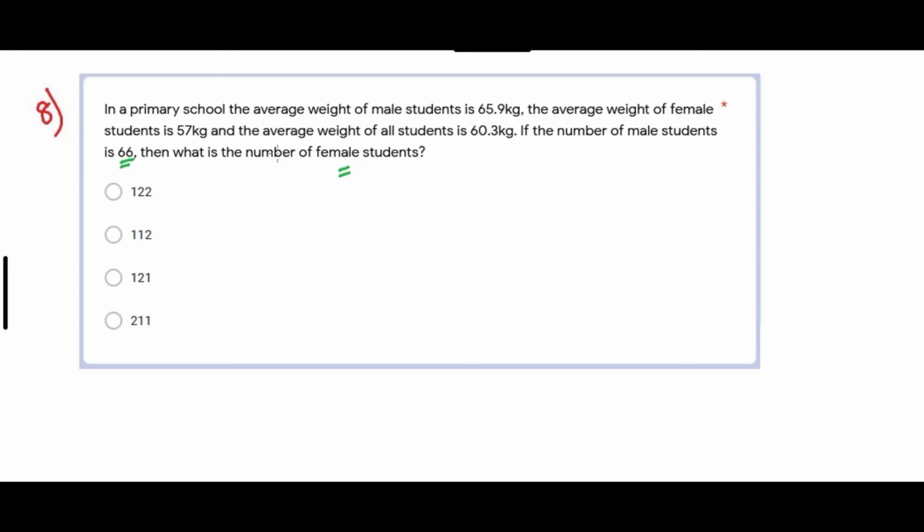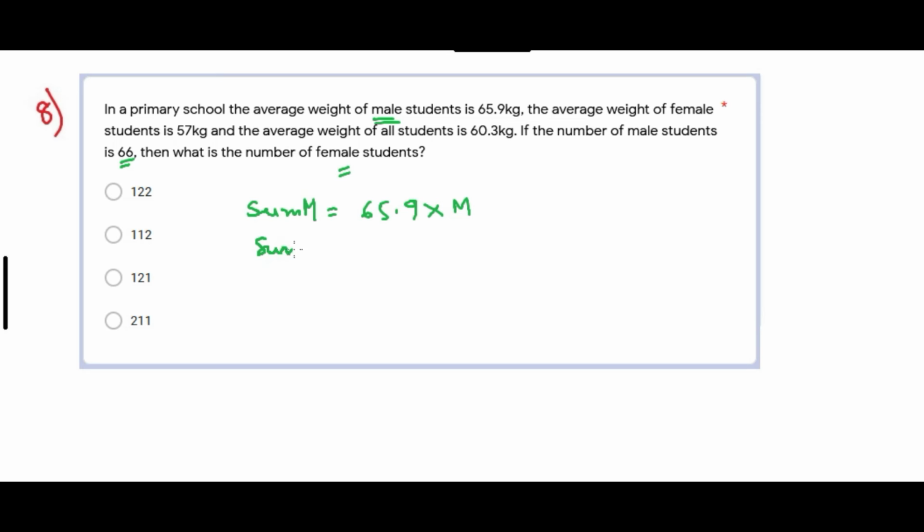So let's move forward. The male student average is 65.9 kg. So the sum of male students' weight is 65.9 into the number of male students.